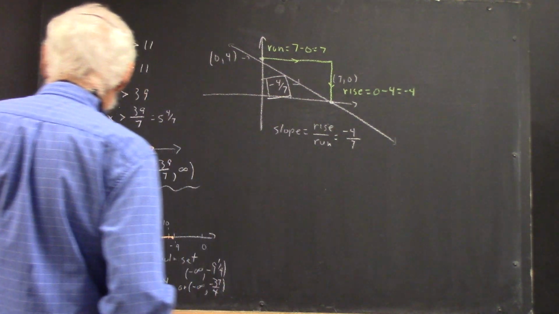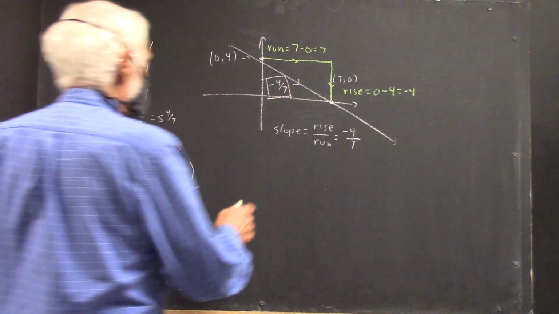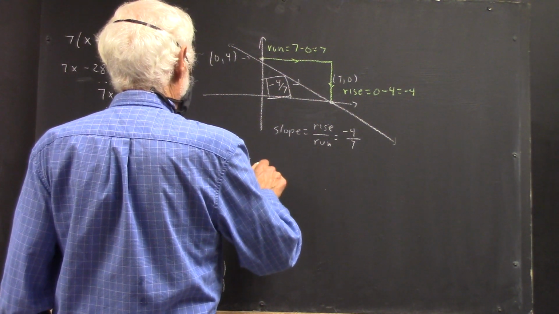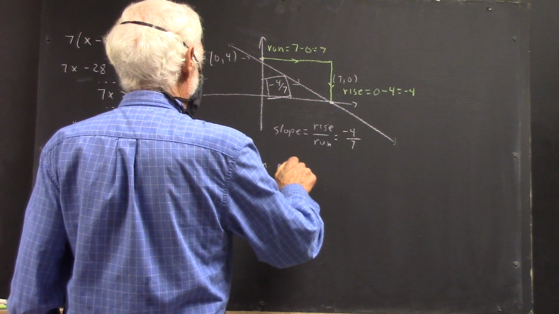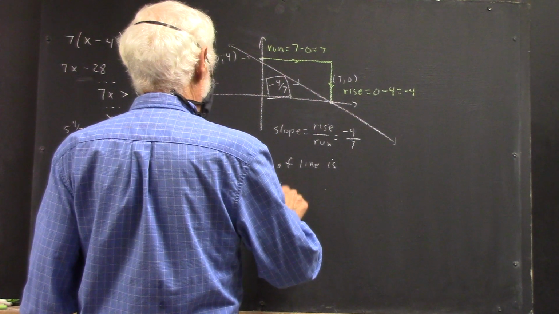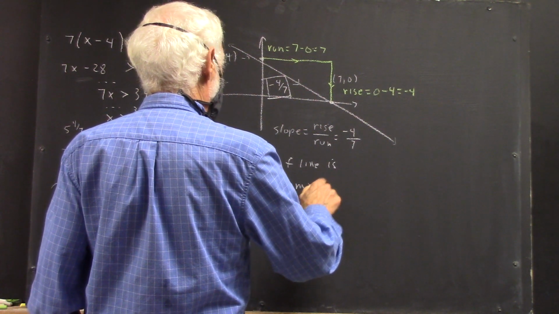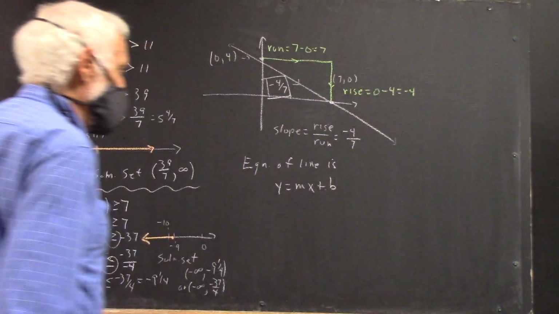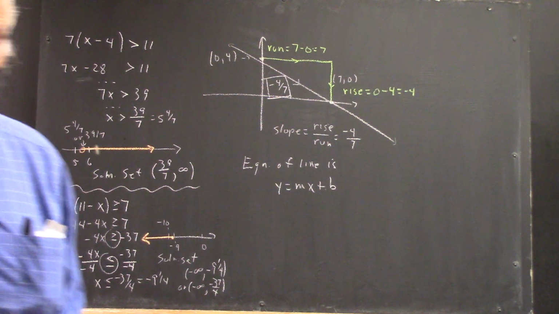Okay, well, now the equation of the line is y equals mx plus b.